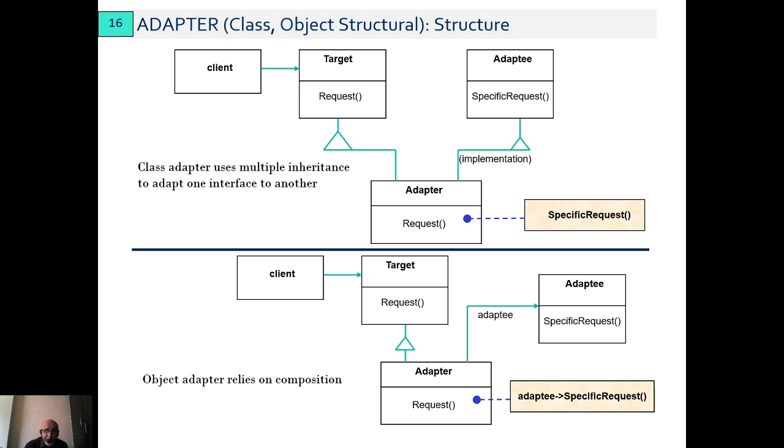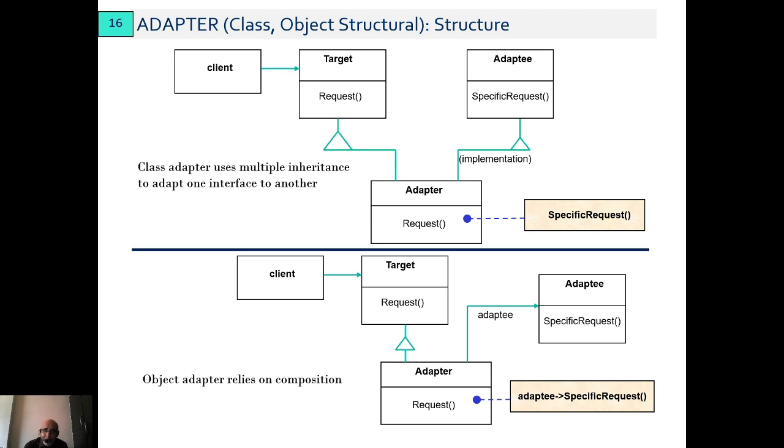In the first case, class adapter uses multiple inheritance. That's why I was indicating to you where the triangles are heading. They are heading towards target and adaptee. So from these two, the adapter will inherit the properties, right? Just see to it. This is an example of multiple inheritance.